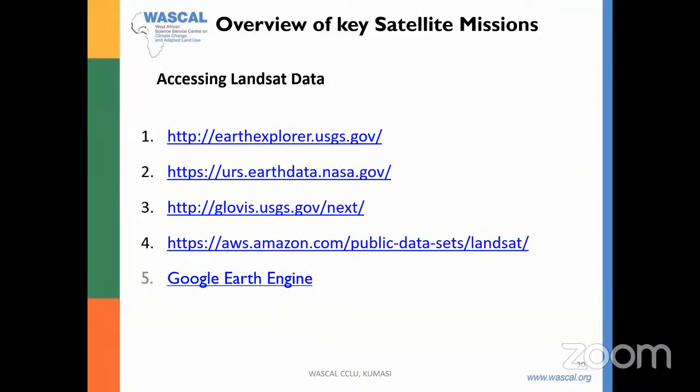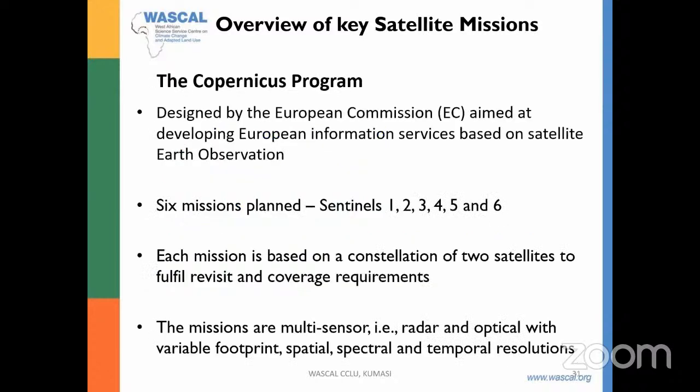We can access Landsat data from these sources: the Earth Explorer, the GloVis, Amazon, and also Google Earth Engine. Also, the Copernicus program, which was designed by the European agency, has 6 missions planned, from Sentinel-1 to Sentinel-6, some of which are radar and optical.